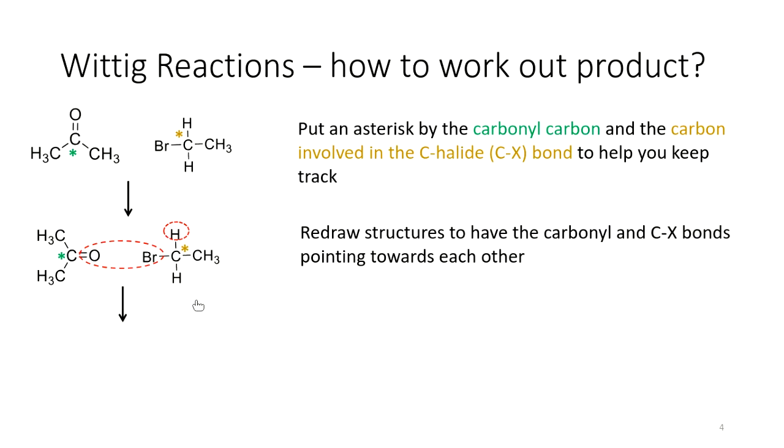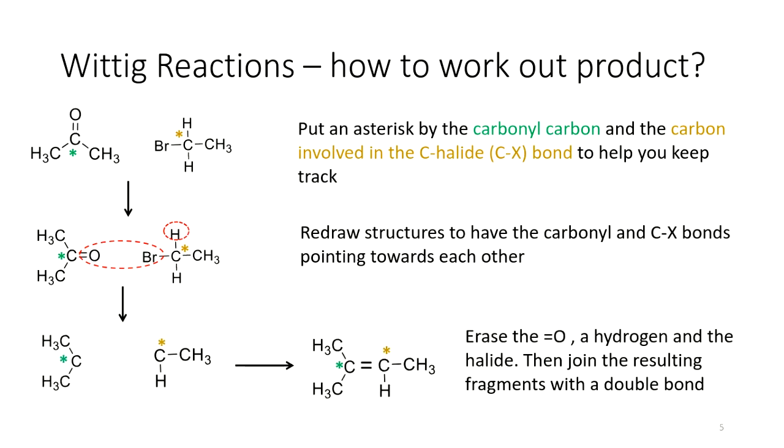And as we mentioned before we started recording, we're going to lose the oxygen, and we're going to lose the halide, and we're going to lose the hydrogen. And so you can just erase those fragments, erase those atoms, and then you have these two fragments, this 3-carbon fragment and this 2-carbon fragment, and you just draw a double bond between these 2 carbons.